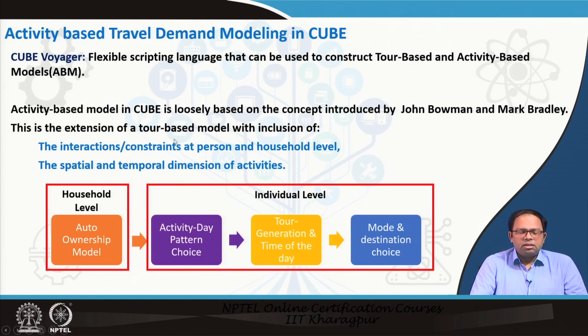This is an extension of the tour-based model, and what is further included is the interaction and the constraints at person and household level. That means how different individuals within a household interact. Do they share a ride, do they escort each other on a particular trip, like a father taking a kid to school and then going to his office. These kinds of interactions are possible.